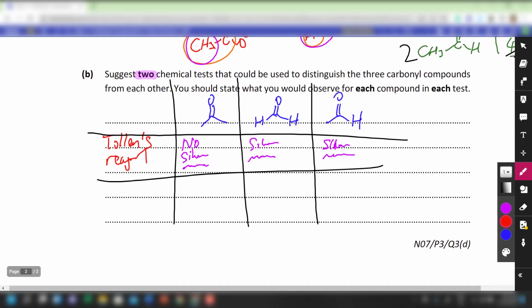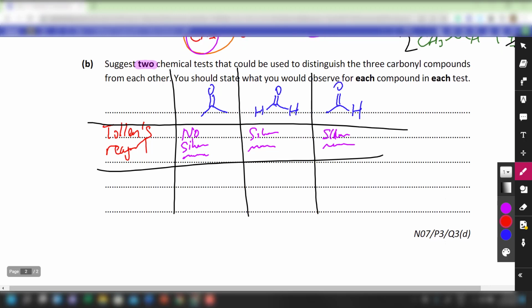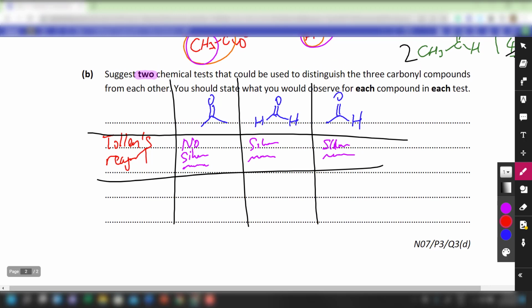Then the next test, I probably want to be a little bit strategic. Definitely, I won't be using things like 2,4-dinitrophenylhydrazine or even Fehling's reagent. I need a very specific test. So therefore, I will be choosing the iodoform test, so iodine, warm, in sodium hydroxide. For propanone, I will be able to get yellow ppt.